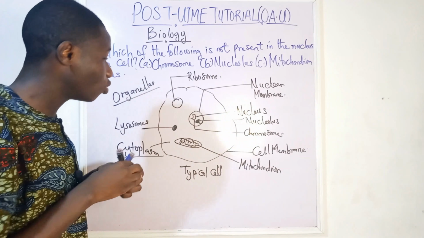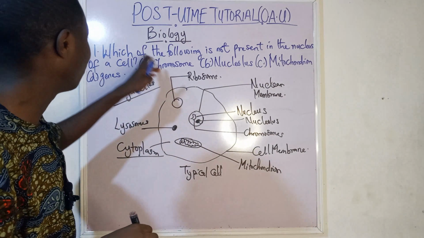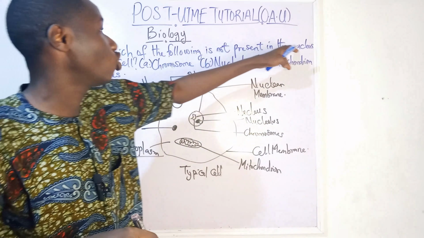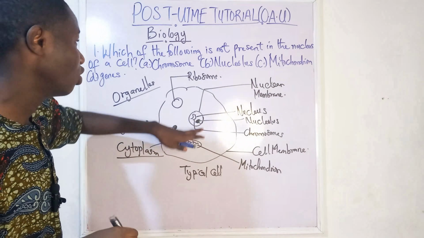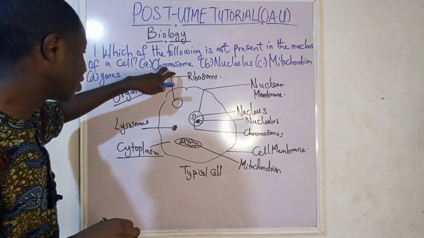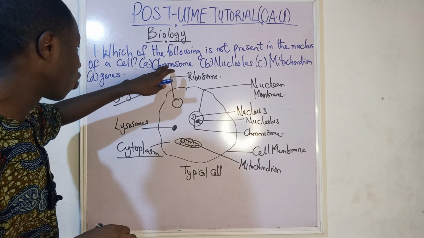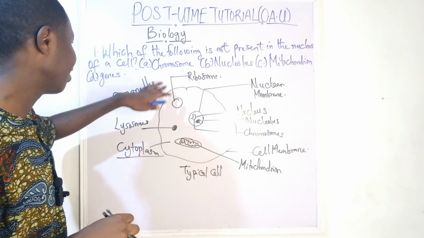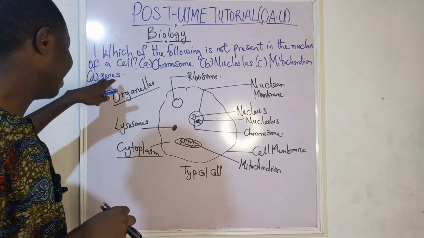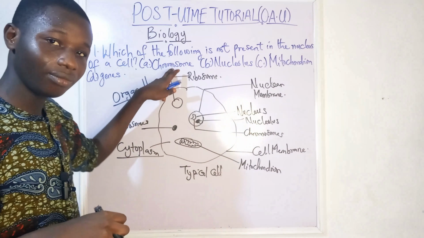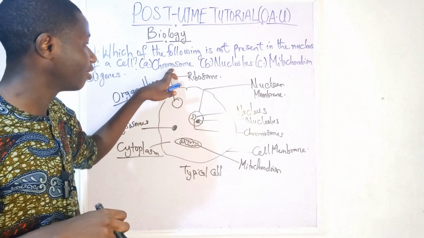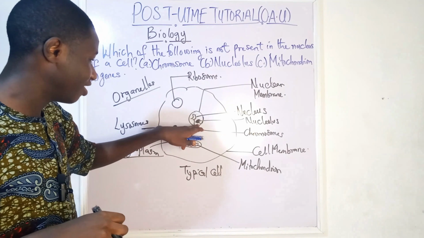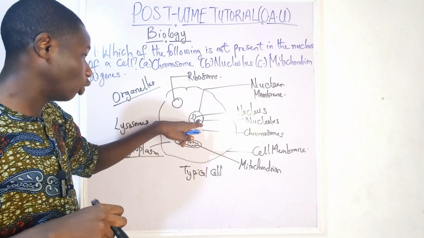So now if I ask you, which of the following is not present in the nucleus? Look at the nucleus. The nucleus contains chromosomes, right? Chromosomes is where you have your gene, right? Chromosome and gene, they go together. Do you understand? I already told you the nucleolus is inside the nucleus.